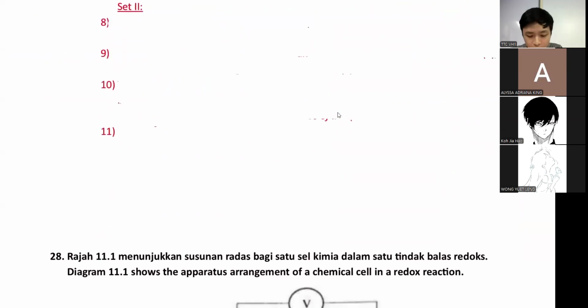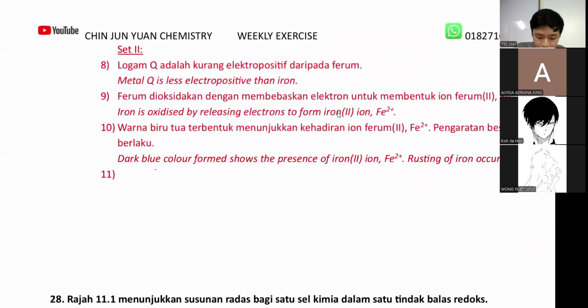Okay, this one, set 2. Now, metal Q is less electropositive than iron. So it means iron, you can say the other way also. You can say iron is more electropositive than metal Q also can. That's why iron is the one that gets oxidized to form Fe2+.